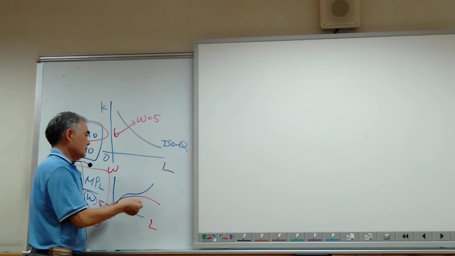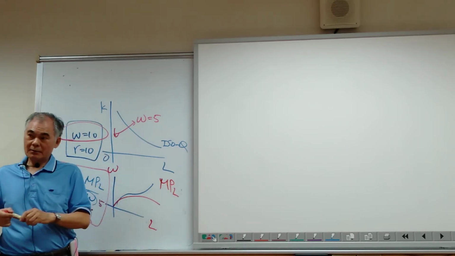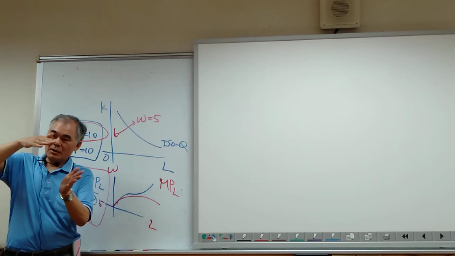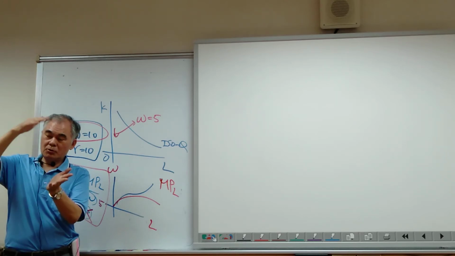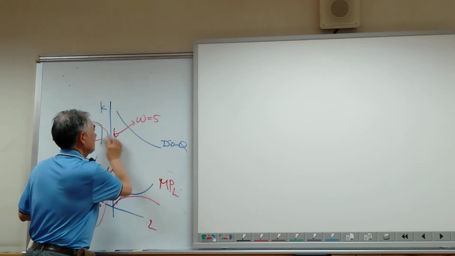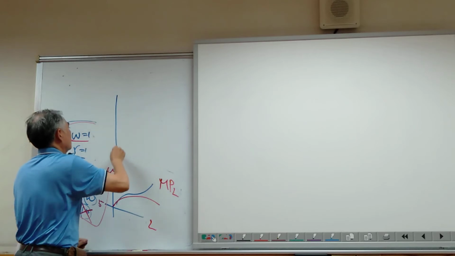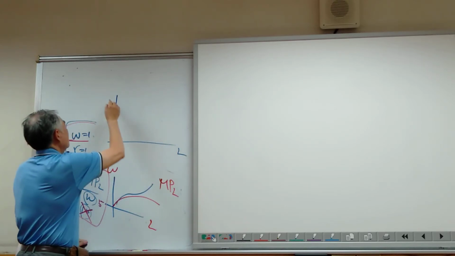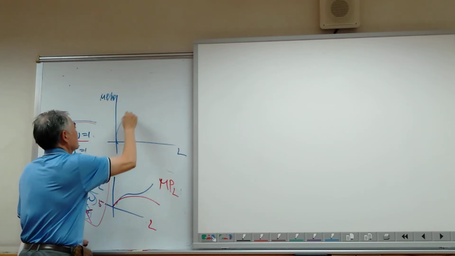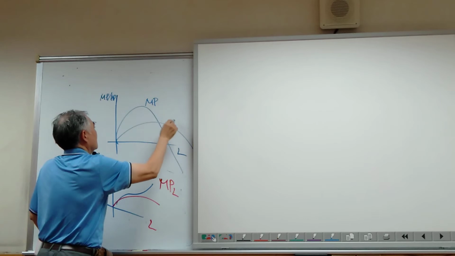It is because of decreasing marginal product. At the beginning, it is going up and the marginal product is like this. Remember, this is the chart we have, labor and MP, AP. Here is MP, here is AP.